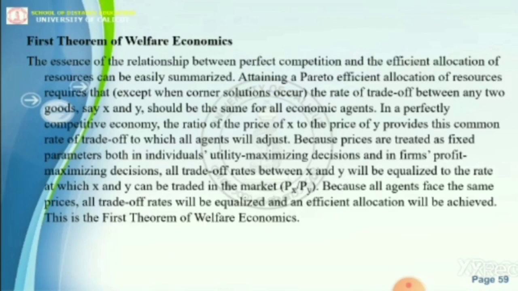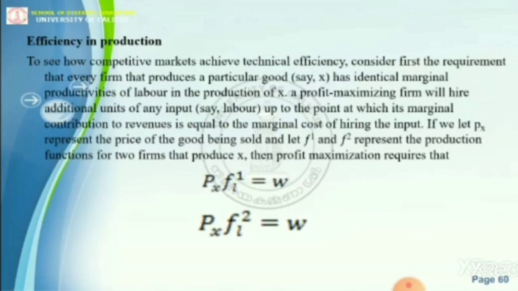That is the price of x to the price of y, that is px by py, right? So the price ratio px to py is the trade-off. Then that trade-off will adjust because prices are treated as fixed parameters both in individuals' utility maximization decisions and in profit maximization decisions. That is the first theorem of welfare economics, and this is efficiency in production.